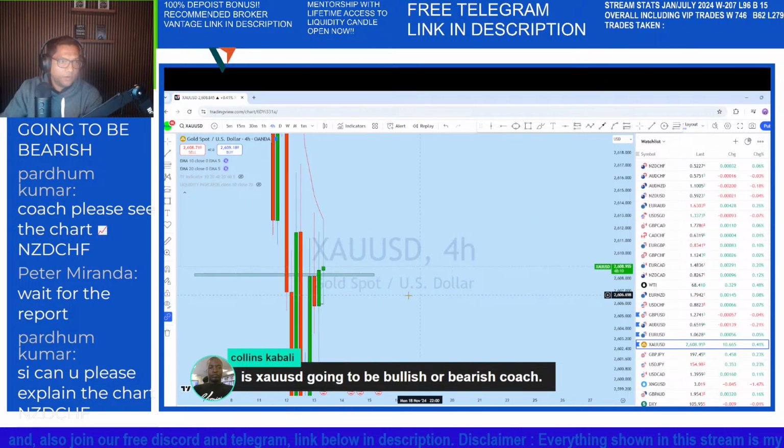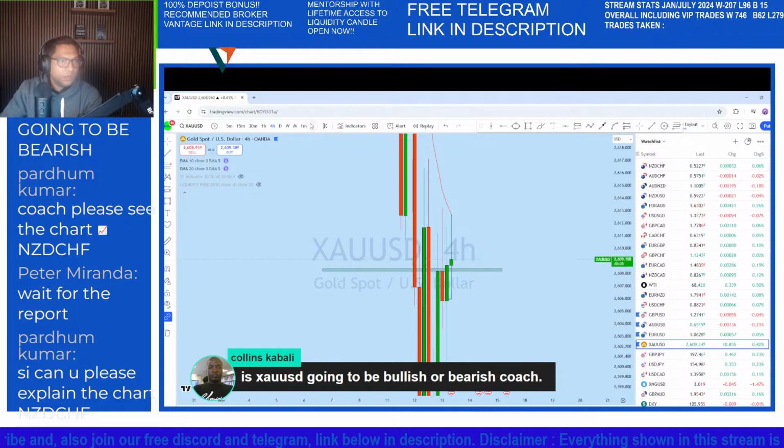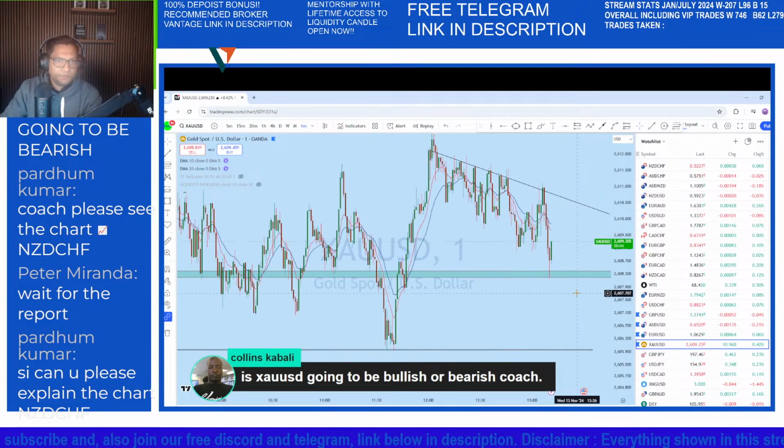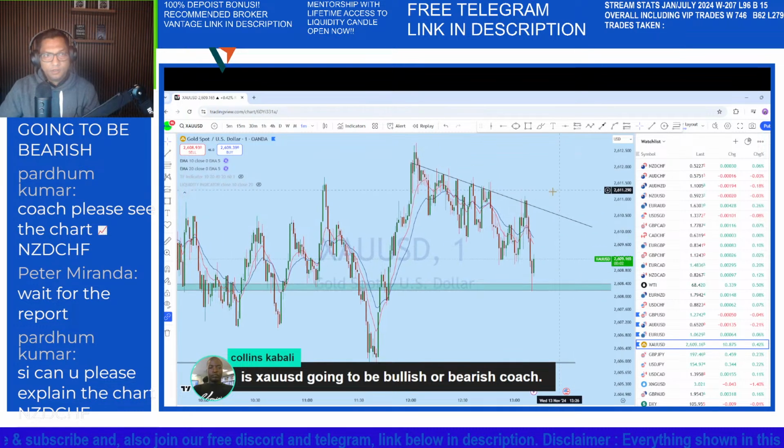It's dropping to the intraday support level, and it's still a very complex price action.